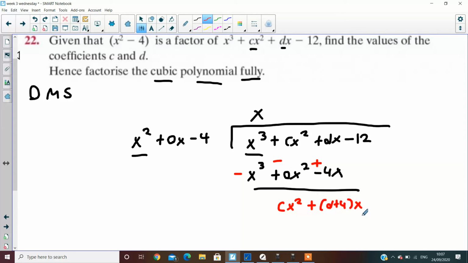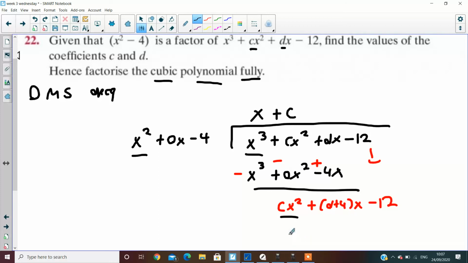Does that make sense? What happens if you multiply it back out? You get dx plus. What do we do then? Drop. Okay. Then what happens? Start again. Divide. What's cx squared divided by x squared? What? C. Okay.